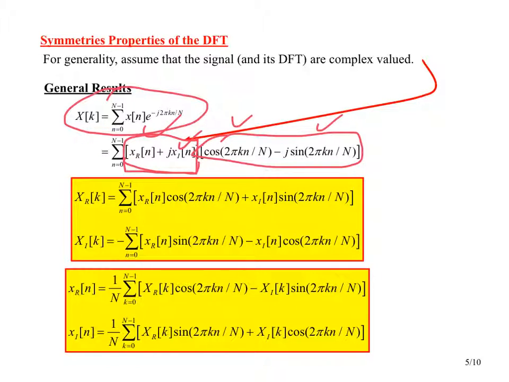And in fact, when you extract that, you can find that the real part of the DFT ends up looking just like that. So that's just extracted from that expanded summation. And the imaginary part of the DFT looks like that.